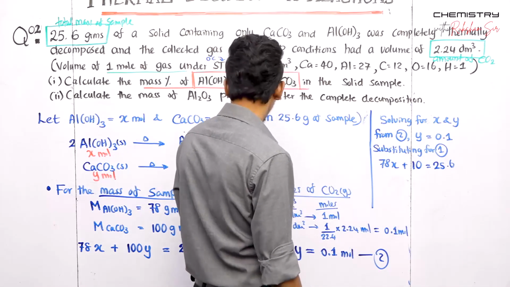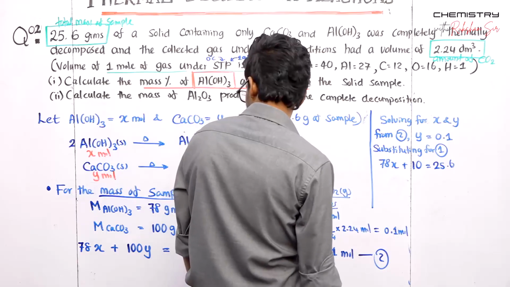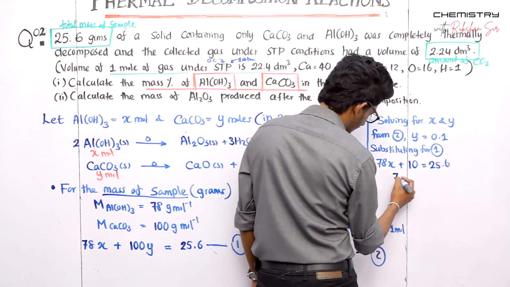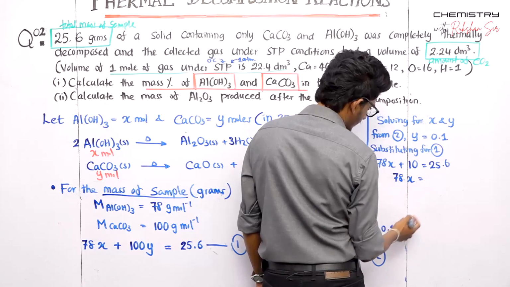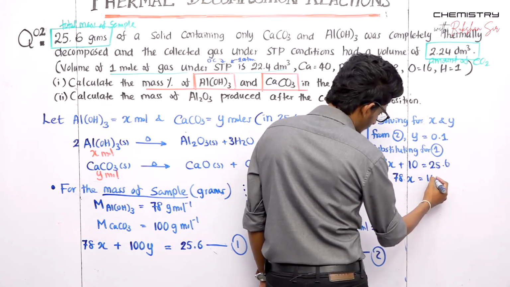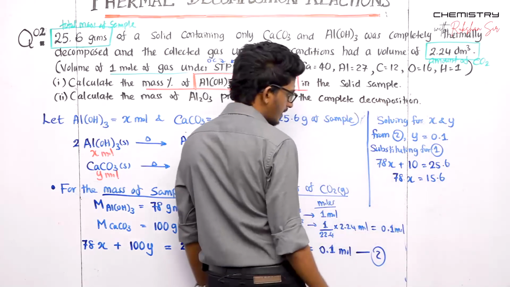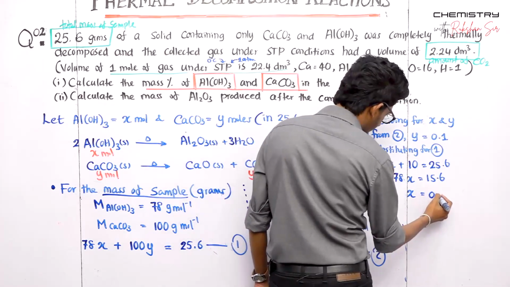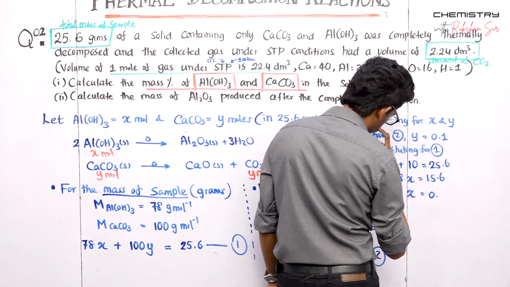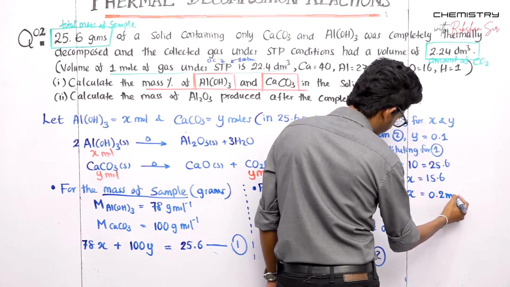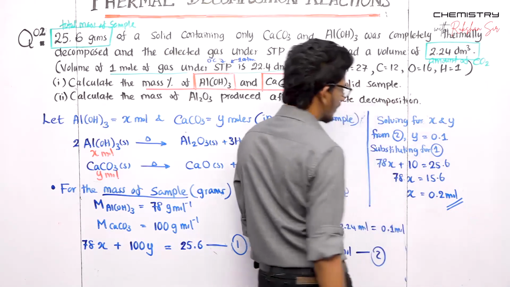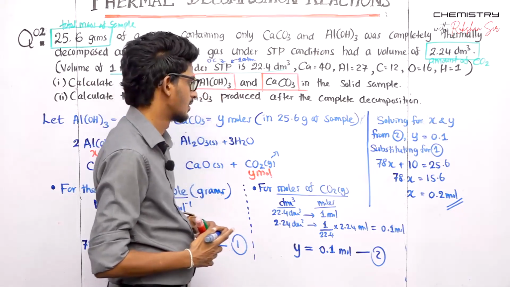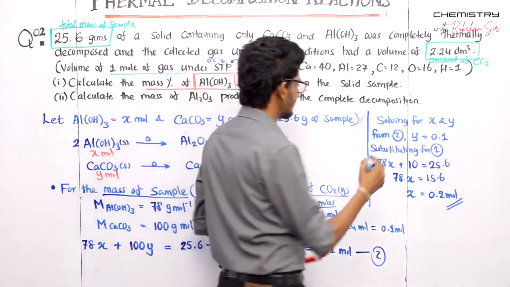So 78x is going to be 15.6. So x is then going to be 0.2. That is the value of x, 0.2. So that is solving for x and y.